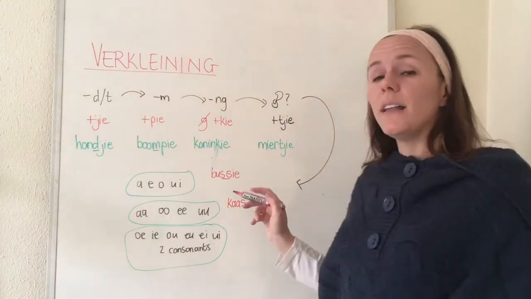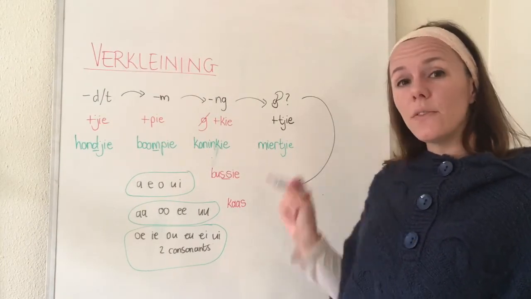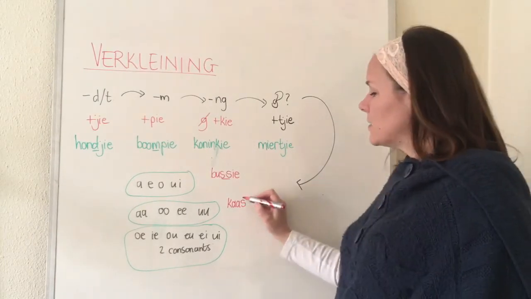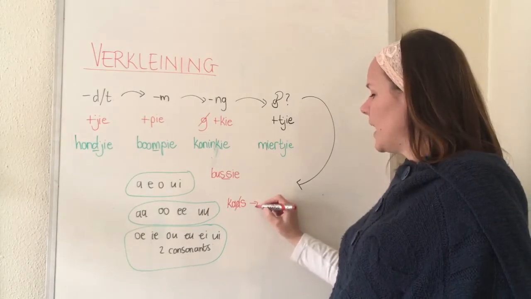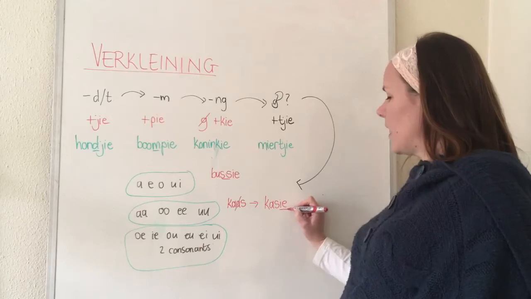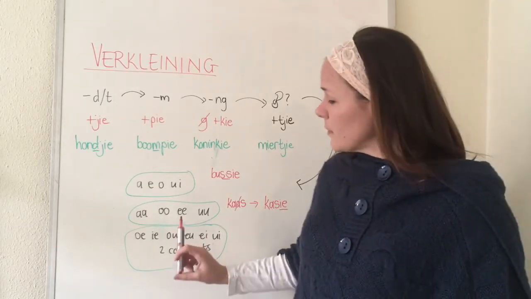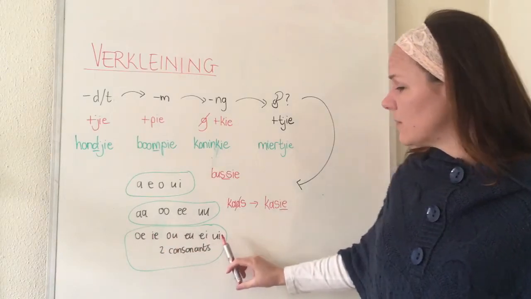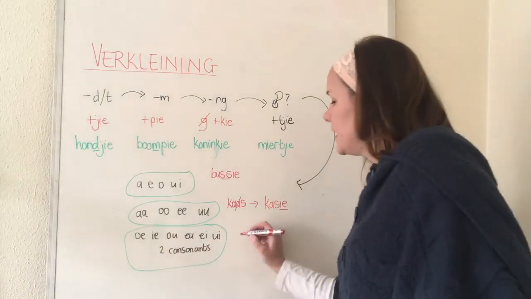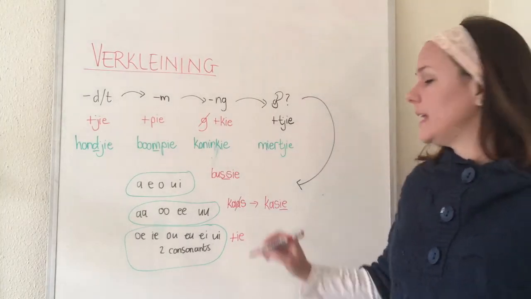So then I apply the same rule that I do for plurals, except instead of adding E, I add IE. So the one twin falls away and it becomes kasie with an IE and just one A. Then for my combination vowels and words that end in two consonants, I will only add IE.